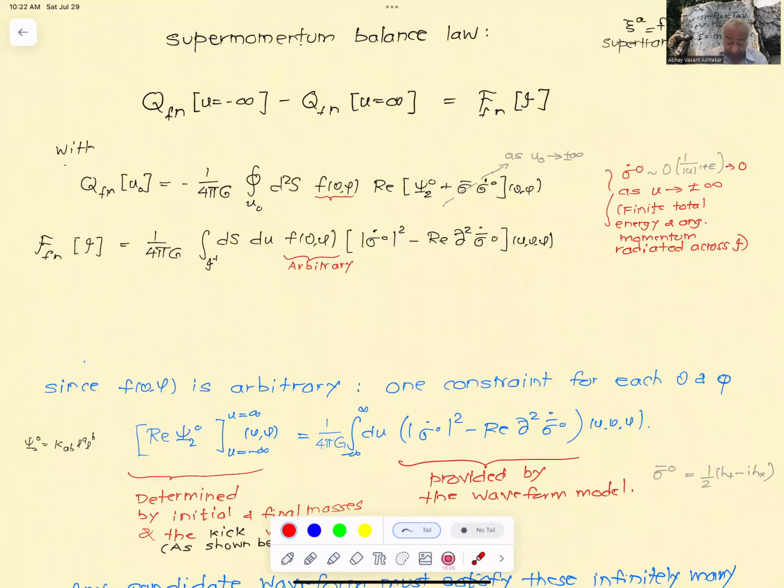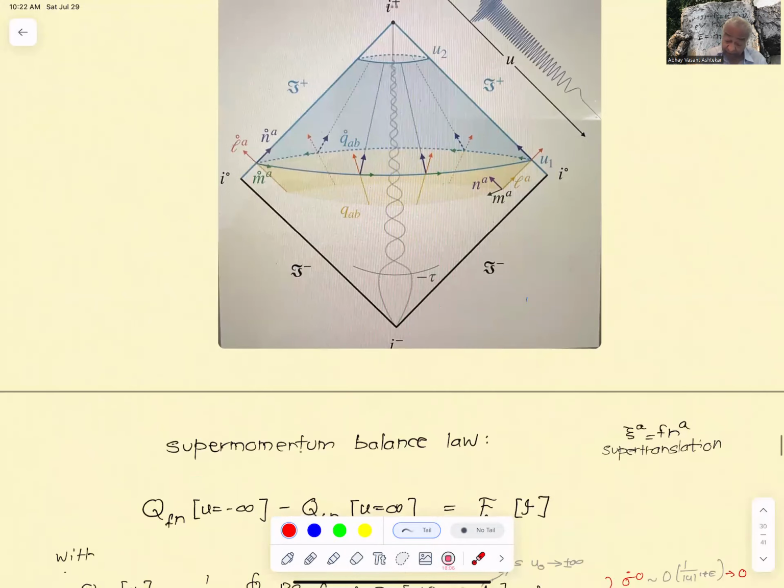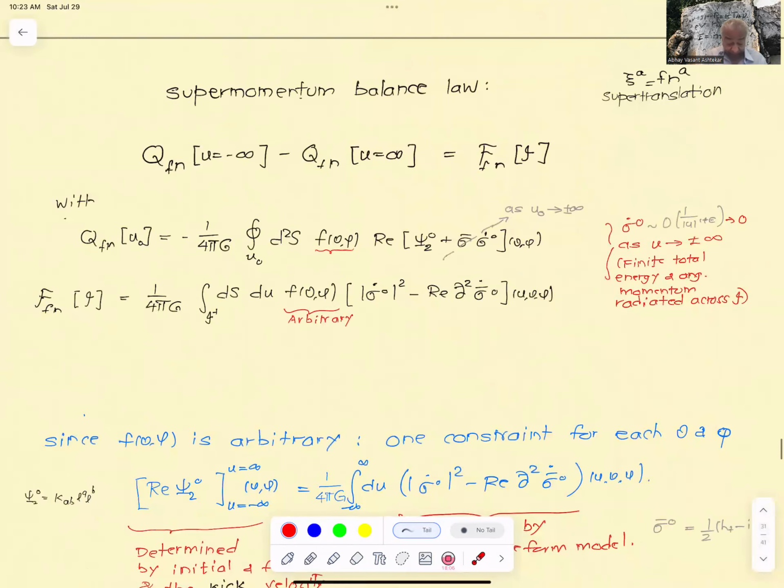And then the flux is given by the integral on all of Scri. So this is a 3-dimensional integral: d2s, which is a 2-dimensional thing, and then du, the integral along the generator.